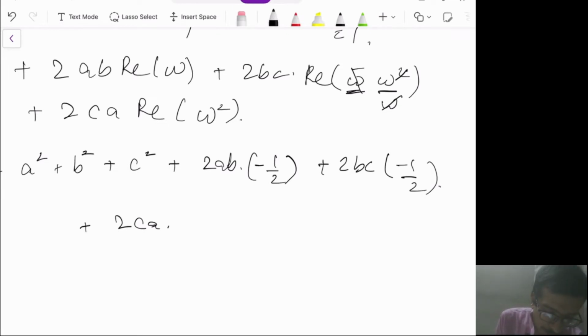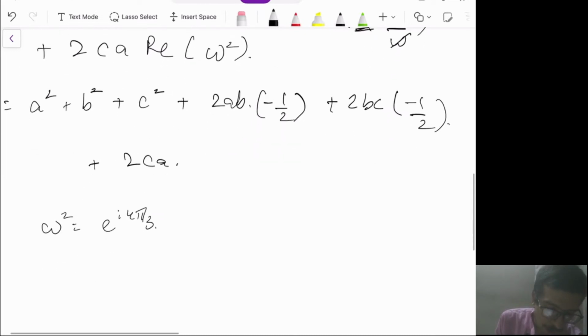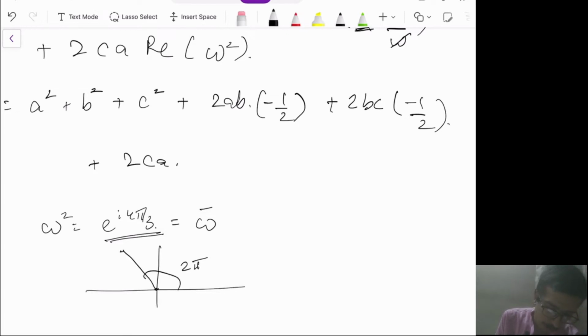Now omega square is going to be e to the power iota 4 pi by 3, which is equal to actually omega conjugate itself, because here I have this point 2 pi by 3 and here I have this point which is 4 pi by 3.